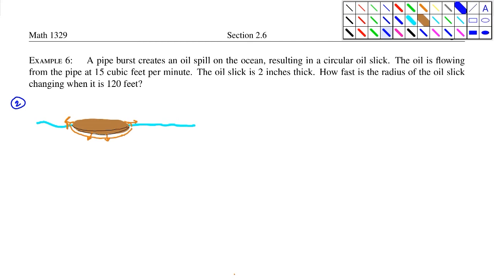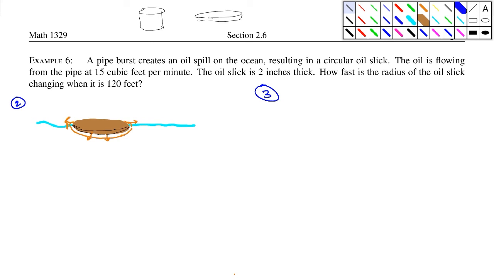All right. Step 3. What are some variables? So we need to figure out what the shape is. We know that it has a radius and it has a thickness as well. It's circular, so that would suggest that it's actually sort of like a cylinder. Now, you normally think of a cylinder that looks something like this, and that's what we've got here, but it's really flat, like that.